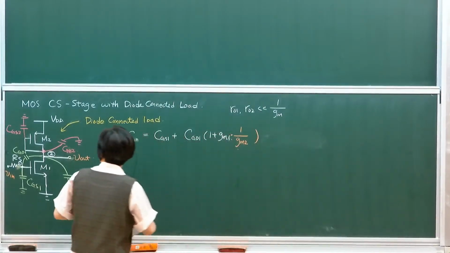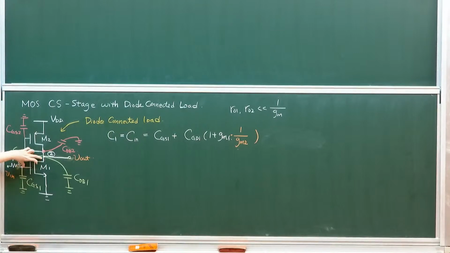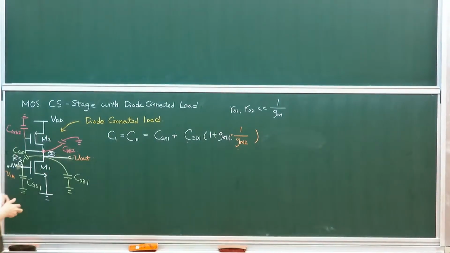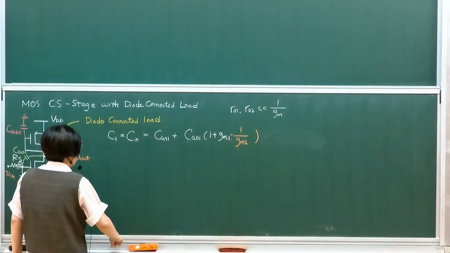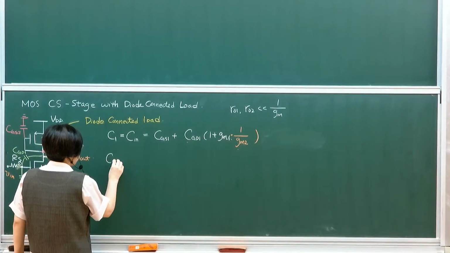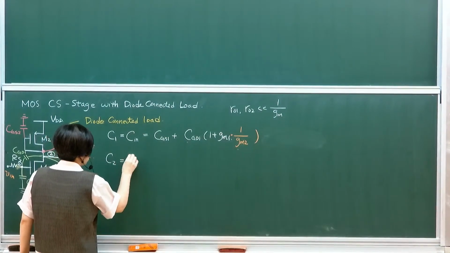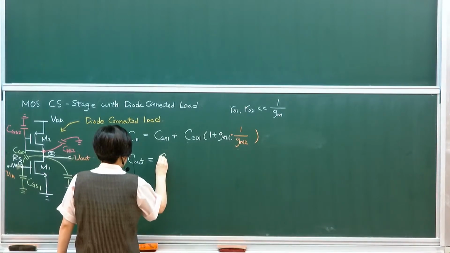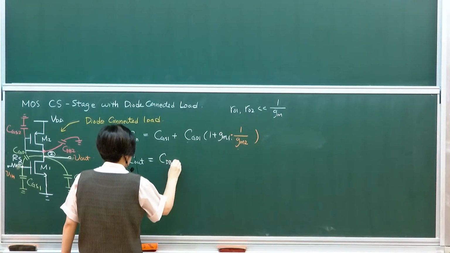So from the input terminal, you only see CGS and the Miller capacitance coming from the amplification effect. And then C2 will be at the output terminal. I moved too fast.